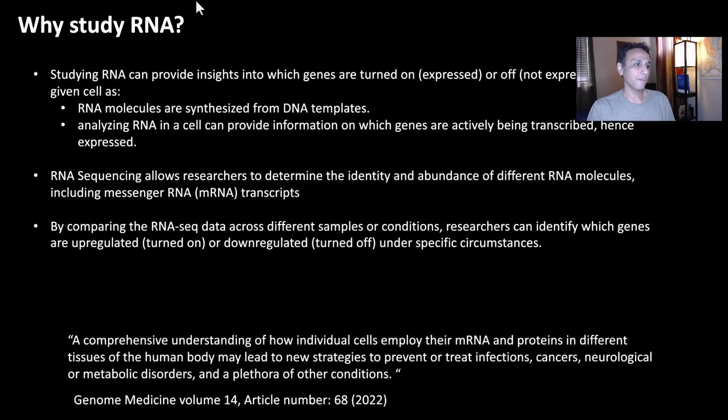I took an excerpt from one of these publications from just a year ago, and I'll just read it out. It says, a comprehensive understanding of how these single cells, individual cells, employ their mRNA and the proteins in different tissues of the human body leads to new strategies to prevent or treat infections. Basically what I just summarized.